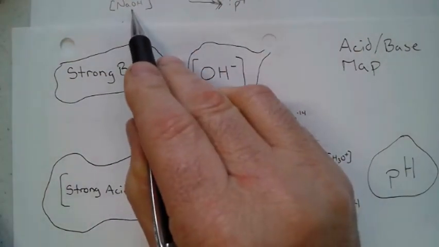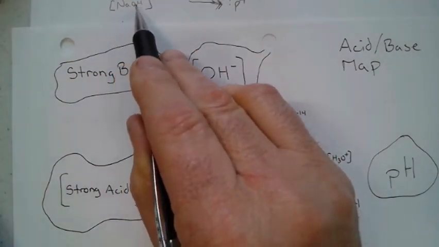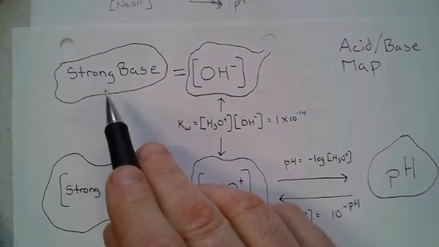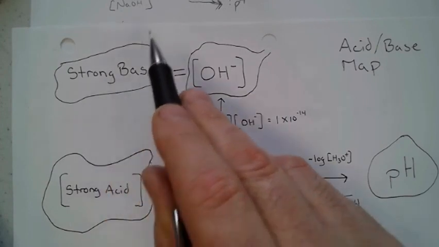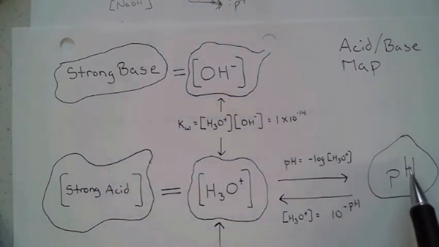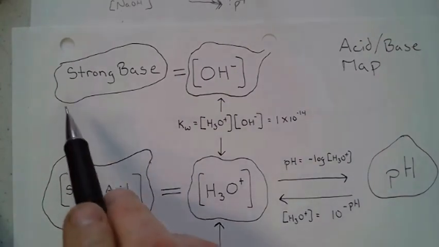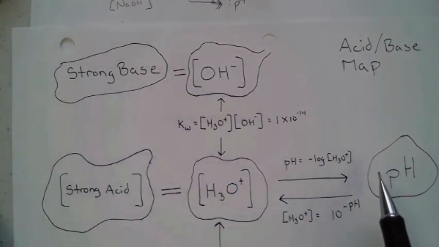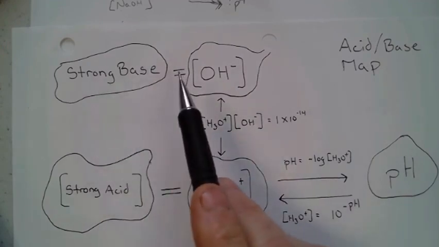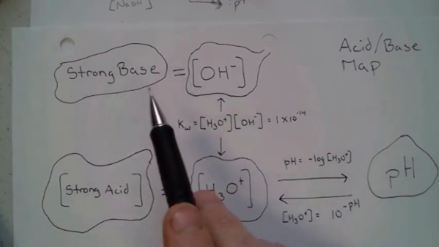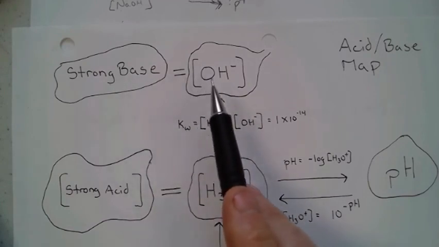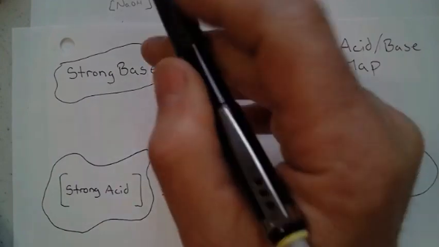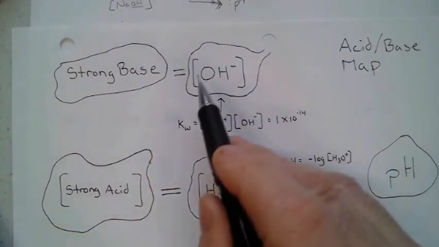Now, this is a strong base. It's an alkali metal with hydroxide, so it's a strong base. I'm going to be starting on this island, and I'm going to be going to pH way over here. That means I'm going to have three basic steps to do this problem. The first one is the easiest: this is a strong base, and therefore its concentration of hydroxide is going to be the same, especially since there's only one hydroxide here.